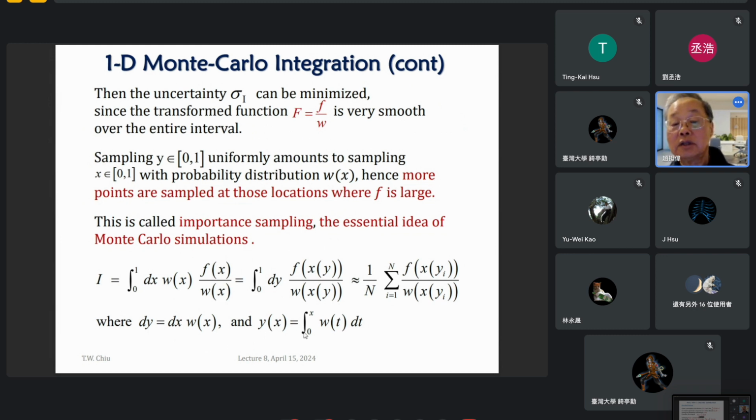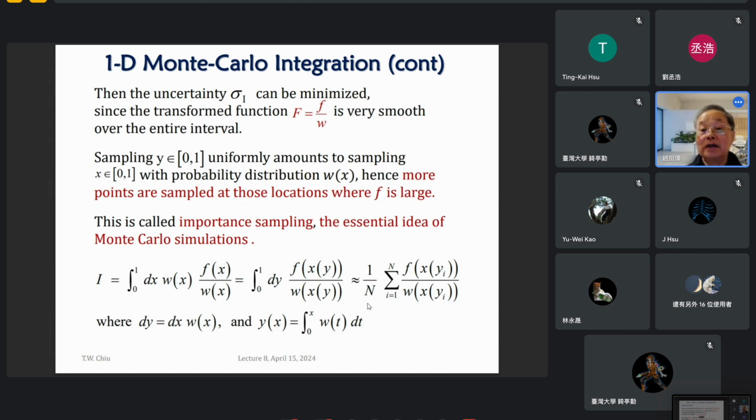That means this integral can be done analytically, and also the inverse can be done analytically. If all this can be worked out, then you can use this method to get the importance sampling. So you use y with the uniform distribution, obtain x, then substitute into this expression, the small f over w, sum over your sampling points, and then you get the answer.